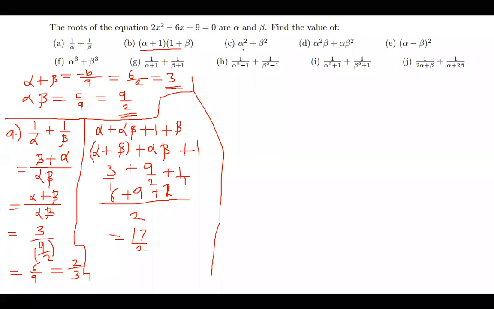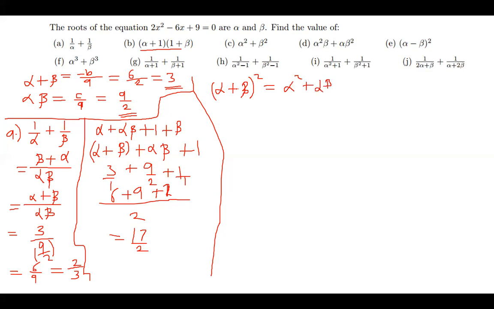So how do we derive this alpha squared plus beta squared? We know that alpha squared plus beta squared can be gotten from alpha plus beta, which we put in brackets, and then we square them. When we square these, alpha times alpha gives alpha squared, and alpha times beta gives alpha beta.